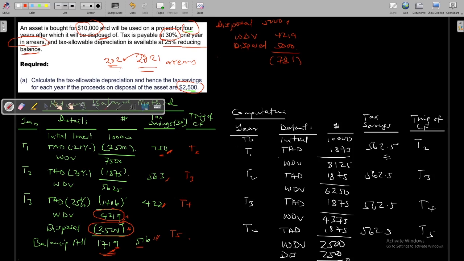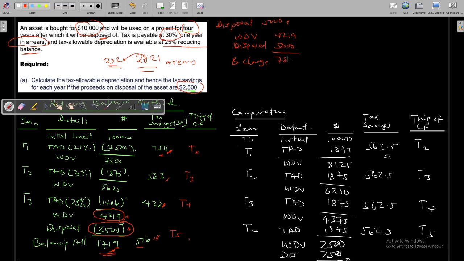Therefore the company is going to pay what is called a balancing charge. So the company has to refund these funds, and 781 is now a balancing charge.